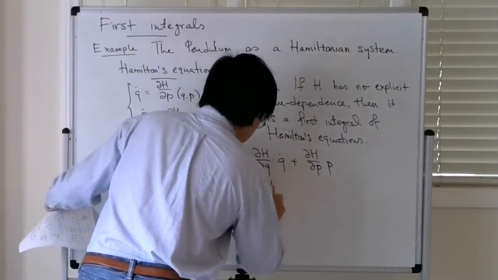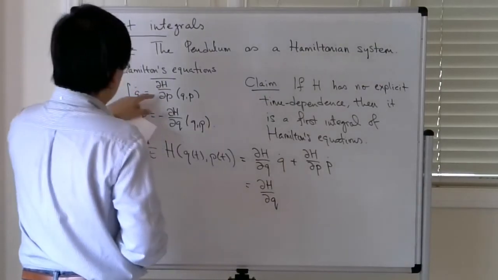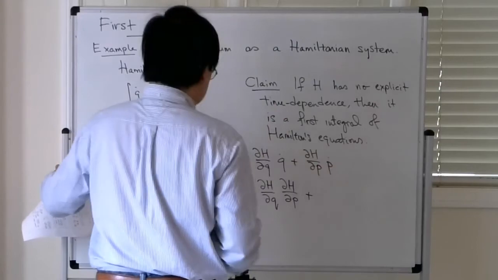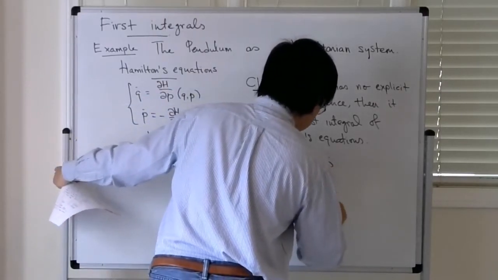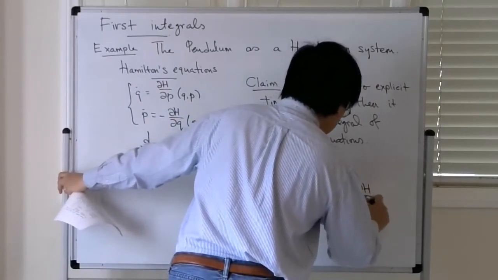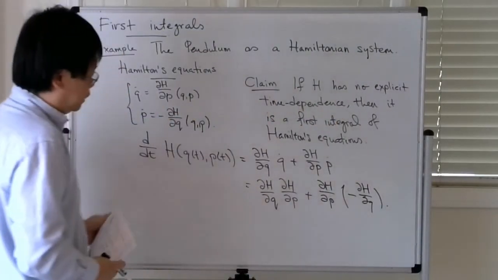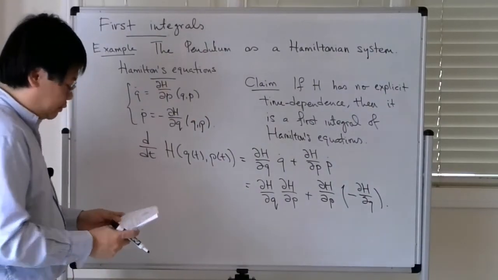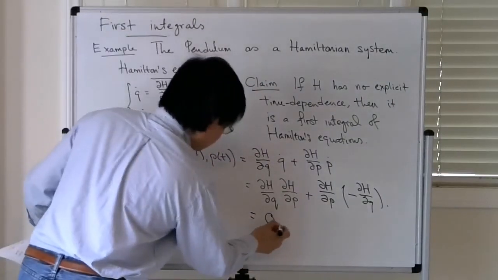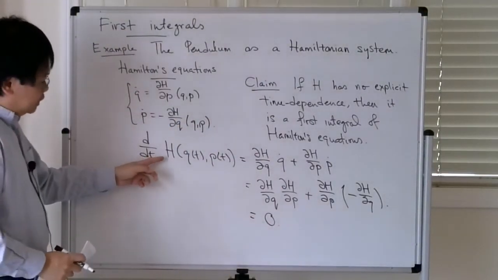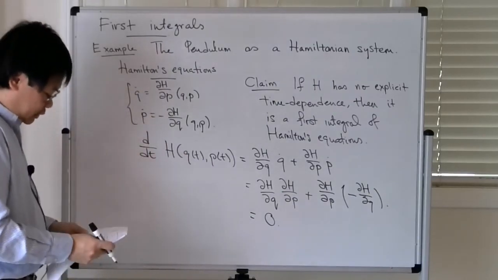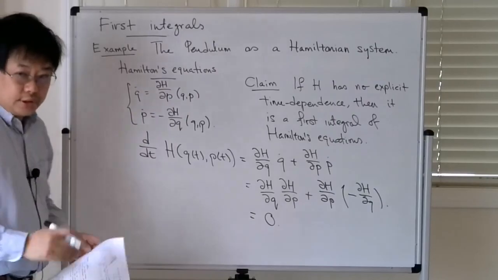So you get dH dq, and q dot is dH dp, plus dH dp, then p dot is minus dH dq. All right, and so it's fairly clear that those two terms cancel. And this is telling you, again, that the Hamiltonian is a constant along solution curves of Hamilton's equations. All right, so let me just stop here for a minute.